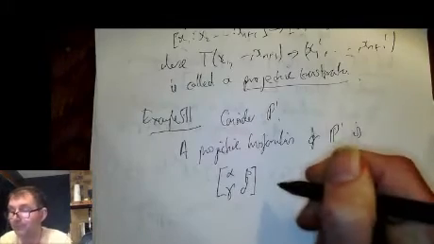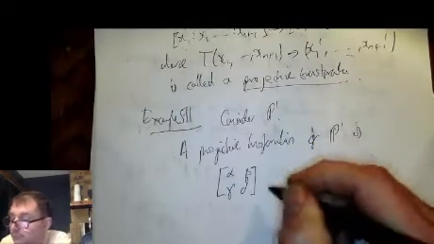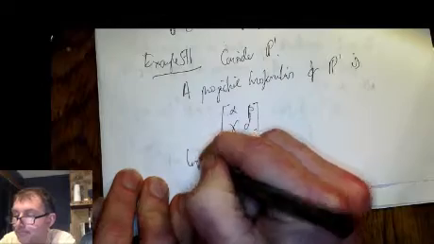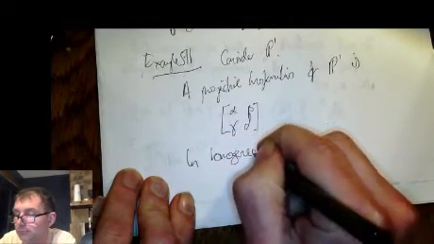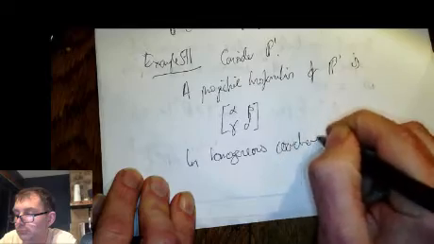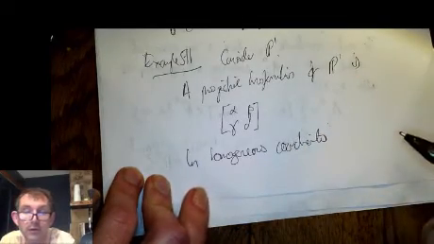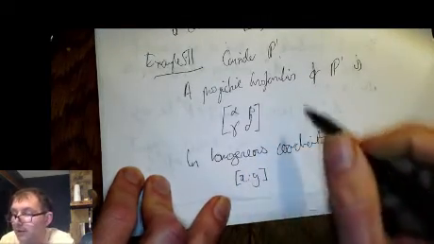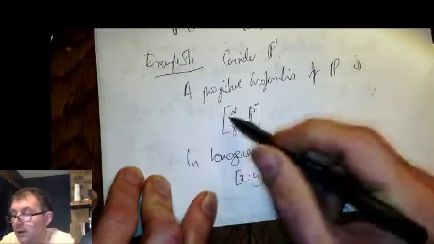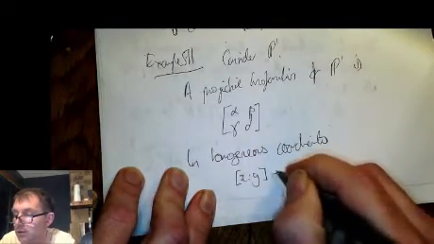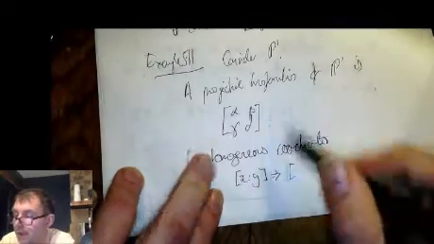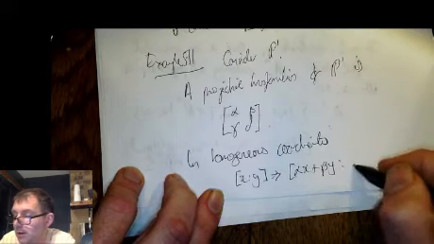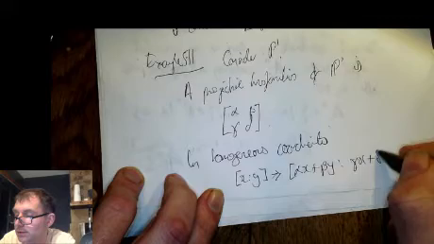And what does it do to the points? In homogeneous coordinates, if I've got a point (x : y), I just treat that like a vector, (x, y), and then apply the matrix to it. So this goes to alpha x plus beta y, colon, gamma x plus delta y.